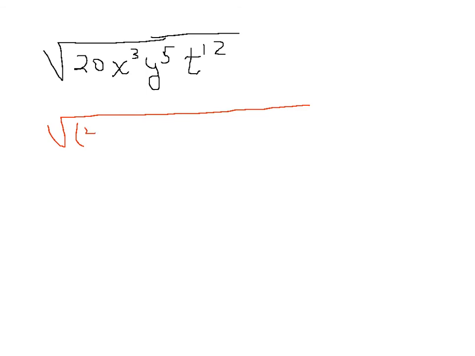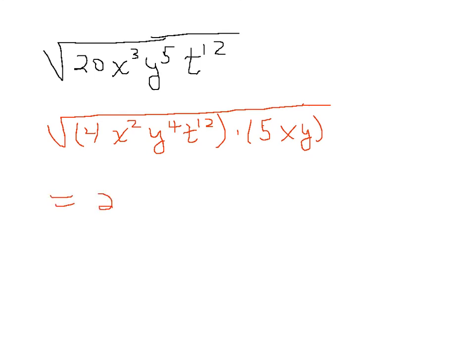So first of all, I'm going to write this as 4, and then I can write it as x squared, y to the fourth, t to the 12th, all even powers. Well, what's left? A 5, and an x, and a y. So this is equal to 2x y squared t to the sixth times the square root of 5xy.